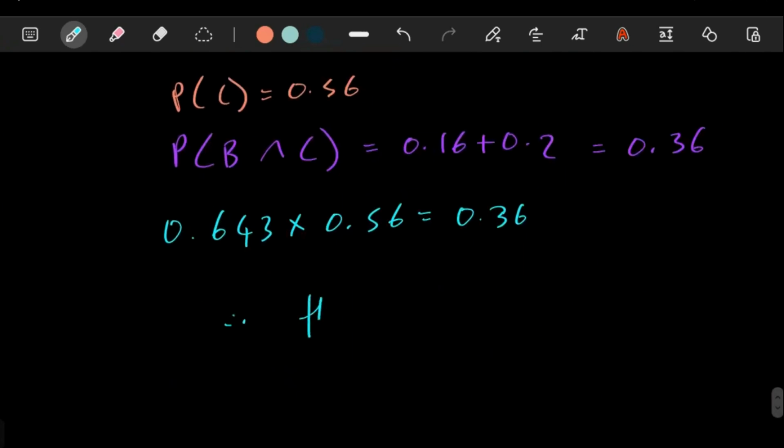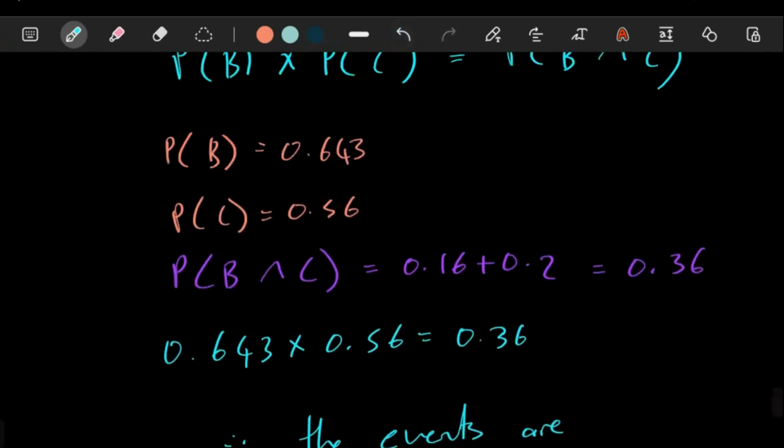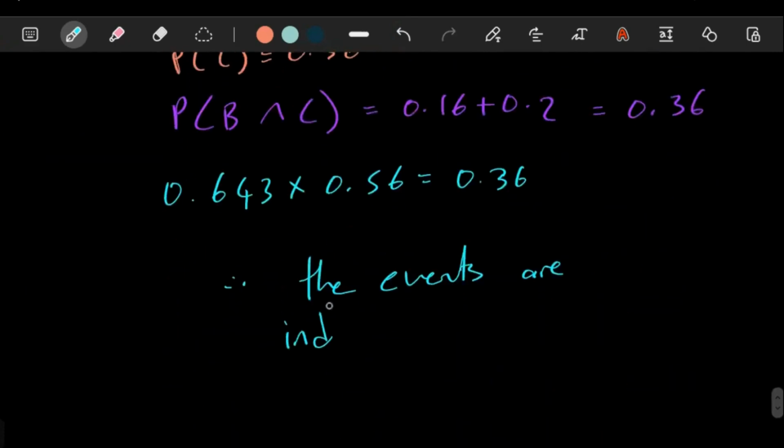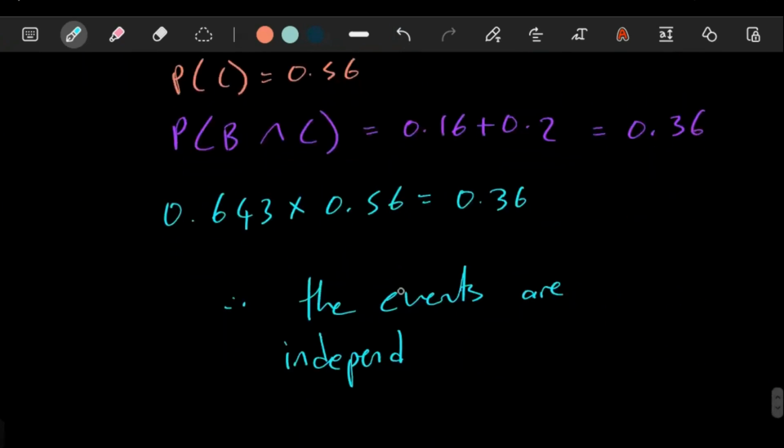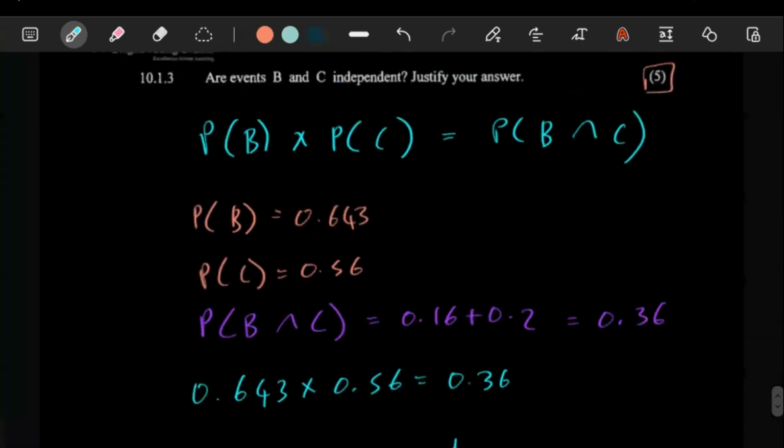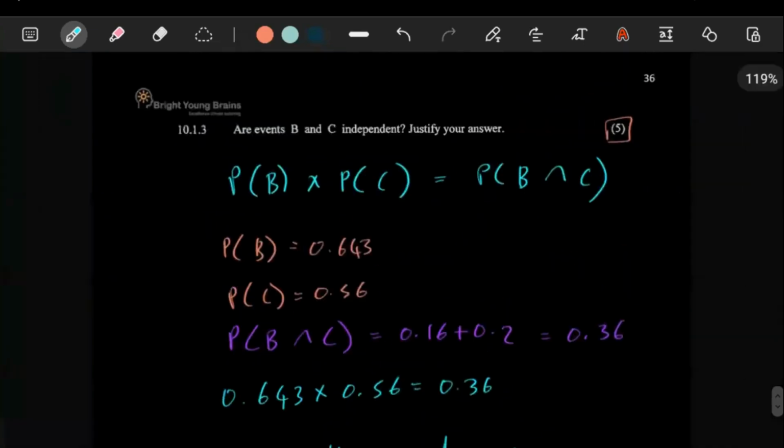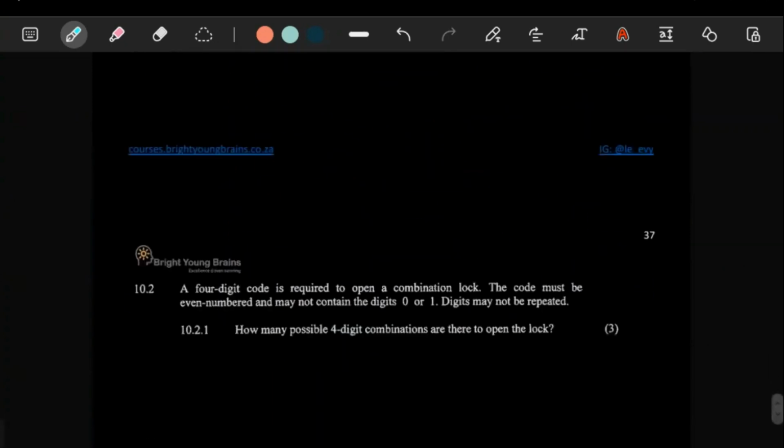Therefore, the events are independent. There you go. That was a good question. Worth the 5 marks actually.